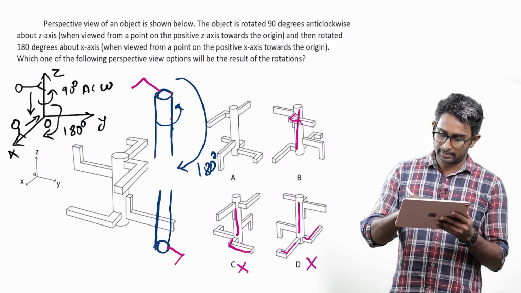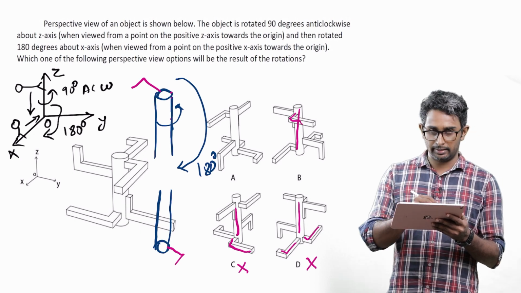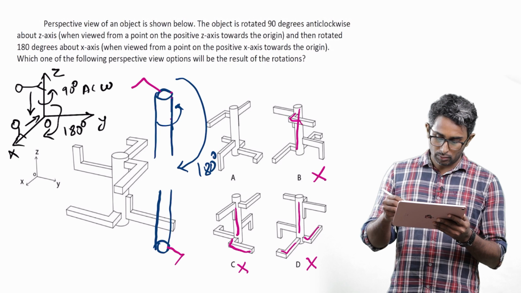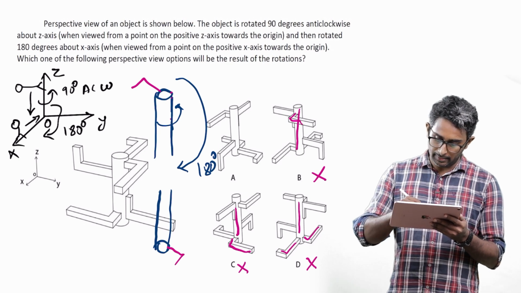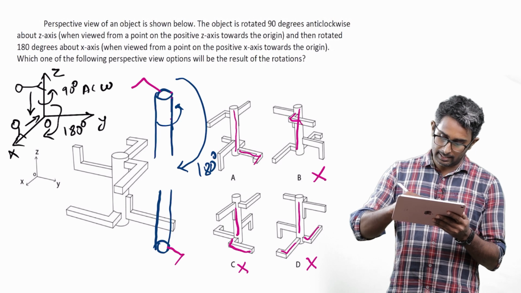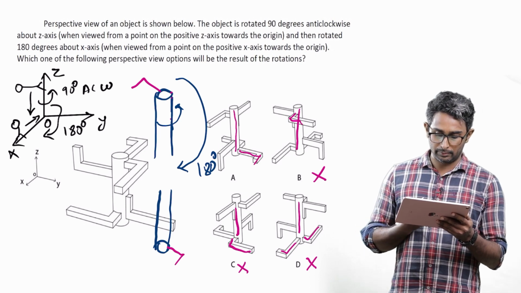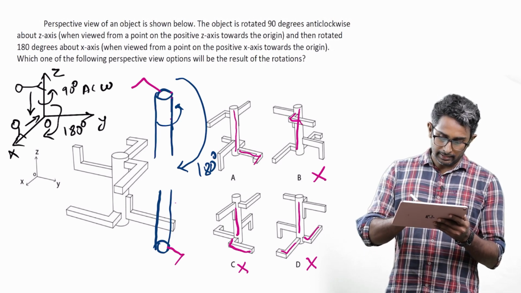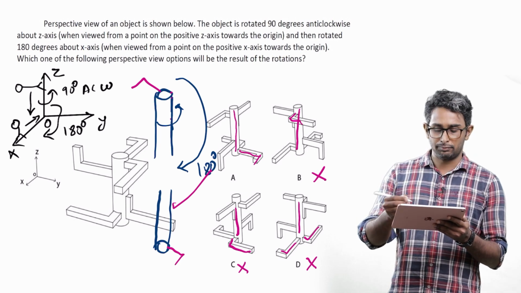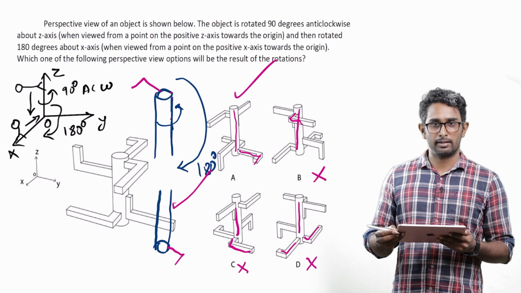The leg we have considered is in the top part, so I am eliminating option B also. If you observe option A carefully, this is the stem and I can see this L shape right here. So this is matching option A, and we can confirm that option A is the correct answer.